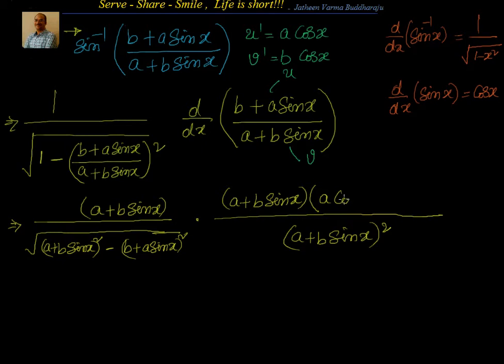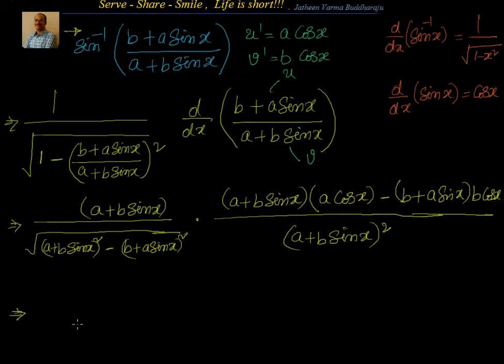U dash we know is a cos x, minus v into u dash minus u into v dash. U is b plus a sin x and multiply that with v dash. V dash is b cos x.